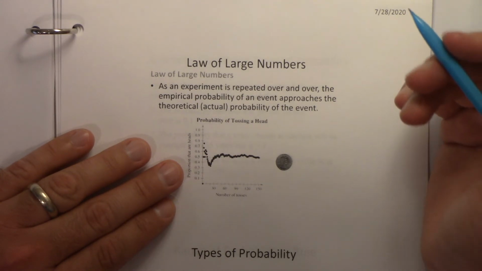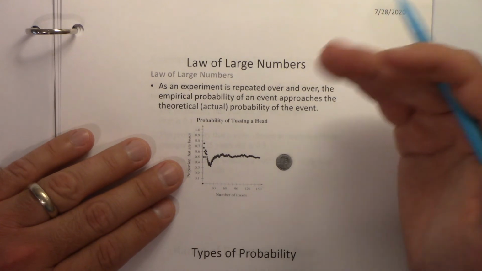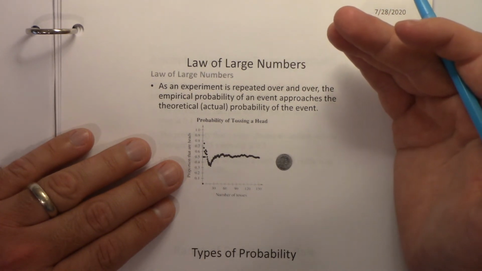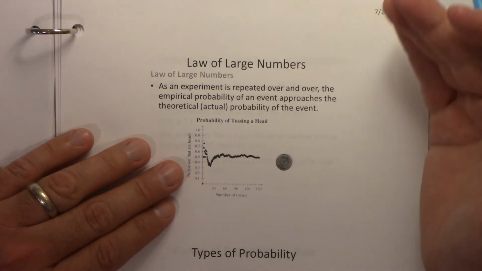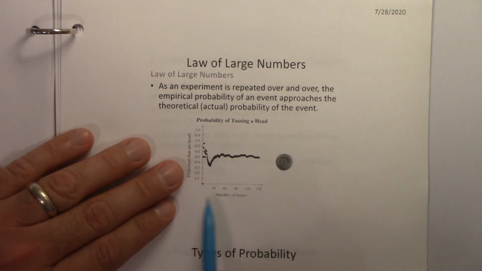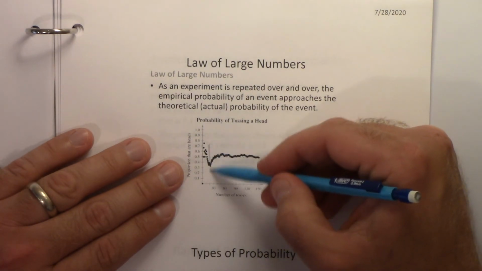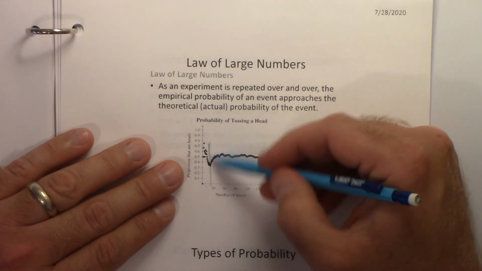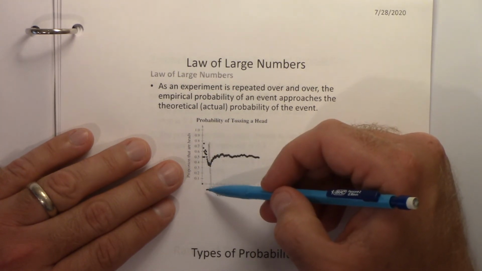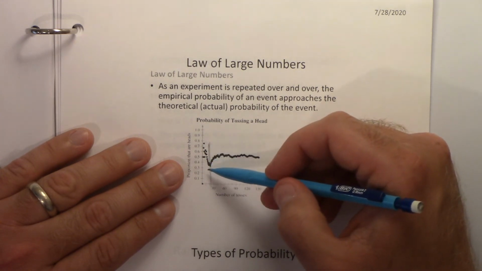Now, of course, that doesn't guarantee anything in the short term. For instance, if I toss a coin 10 times, there's no guarantee I'm going to end up with exactly 5 heads and 5 tails. In fact, when you look at the number of tosses for the short term, like right here, that's about 20 tosses, you could kind of be all over the place. Maybe right at the beginning, you have a lot of heads that are being tossed.